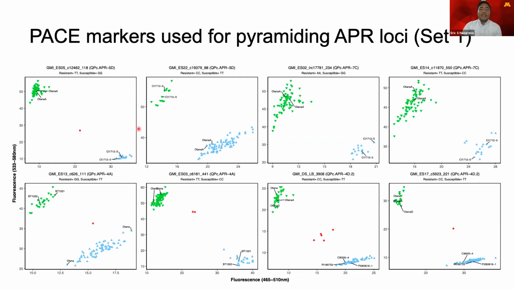So I use a SNP haplotype analysis for selection. So they have to be homozygous resistant here and homozygous resistant also on the other SNP. And we can see good segregation of resistant and susceptible marker genotypes, and also the heterozygous genotypes.